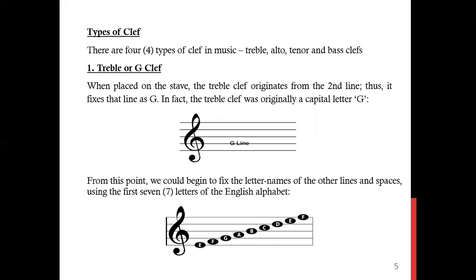Turn your staff to a stave by putting a G clef at the beginning of the staff. Follow the drawing the way I've put it here. Remember, you are starting on the second line of the staff.